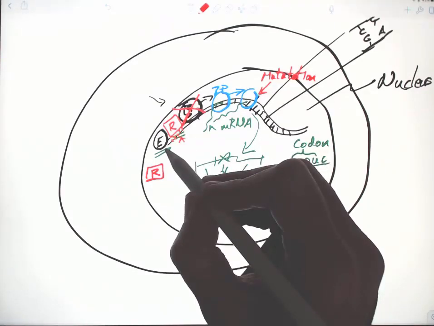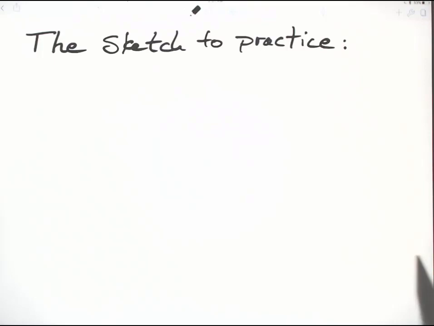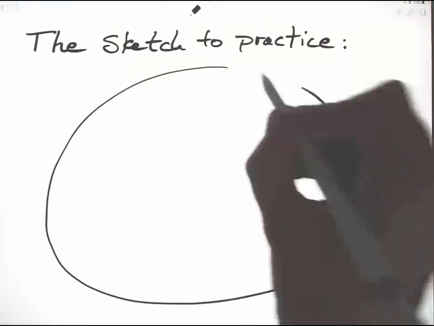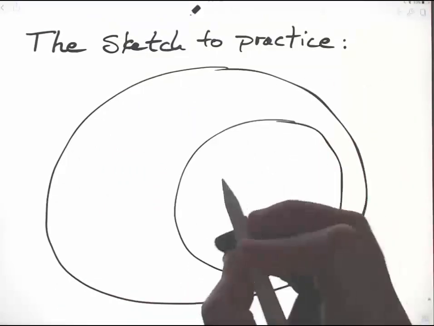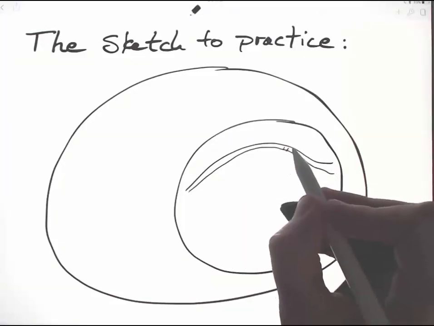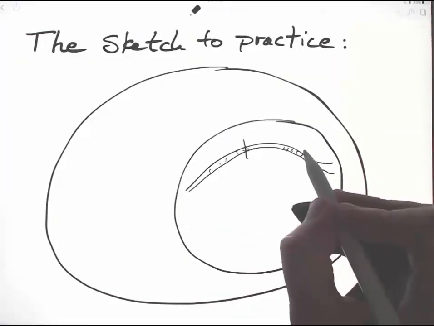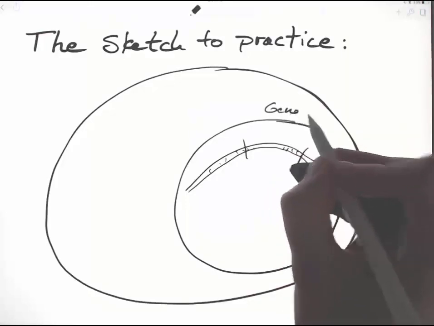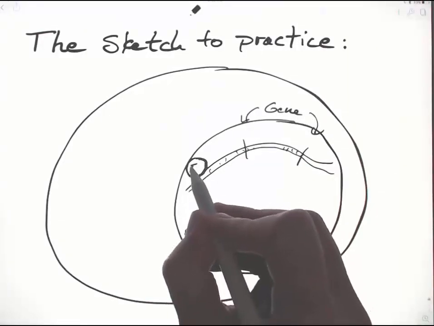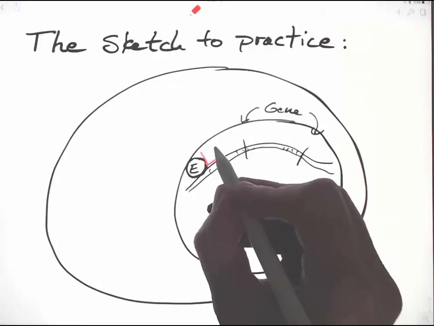To learn this, one of the best things you can do is practicing sketching for yourself. In the sketch, I'll go through all the things I just talked about and label them as I go, showing you the enhancers and repressors.